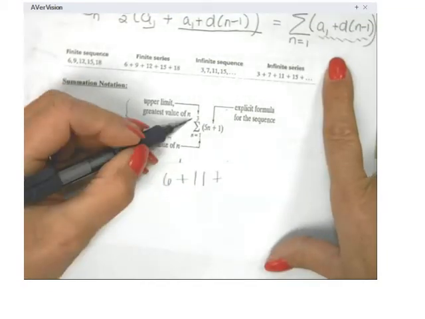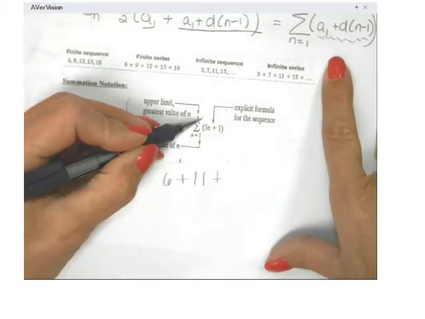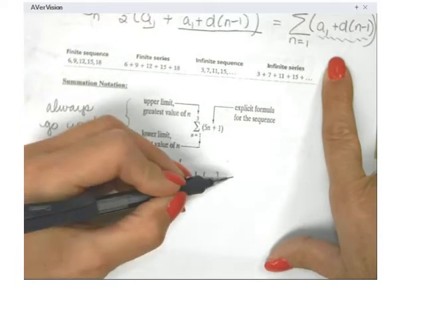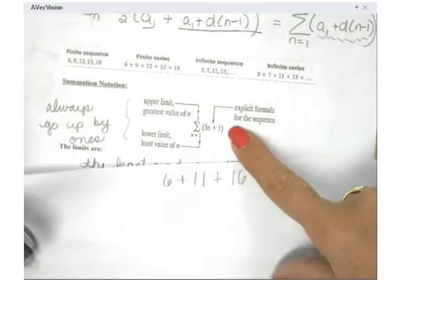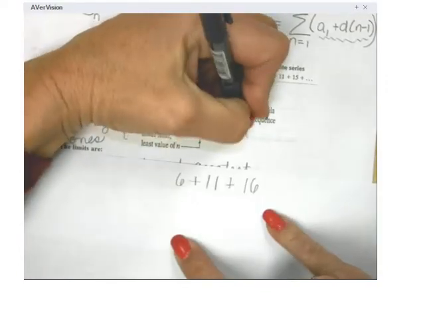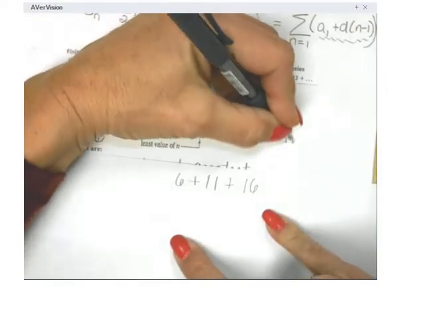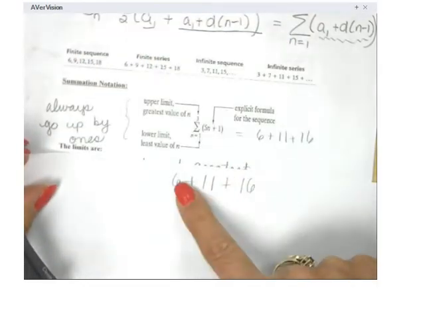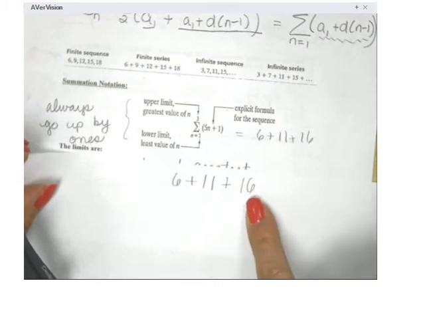Plus, my next number is to plug in 3, and that would be my last number I'll plug in. Plug 3 in here, 15 plus 1, so it's 16. So this is literally asking me to find 6 plus 11 plus 16. Now notice this is arithmetic because it's going up by 5 each time.